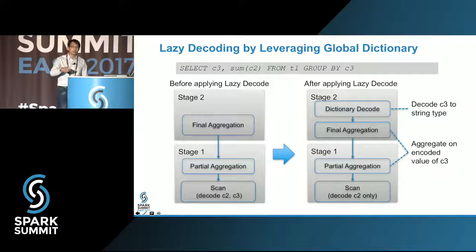After applying this optimization rule, the scan only decodes C2, because it will do the partial aggregate and the final aggregate on the encoded value of C3, which is an integer value. So this aggregation and the shuffle will be much more efficient. Then finally, there's an operator to decode C3 back to the original value, which is a string value.